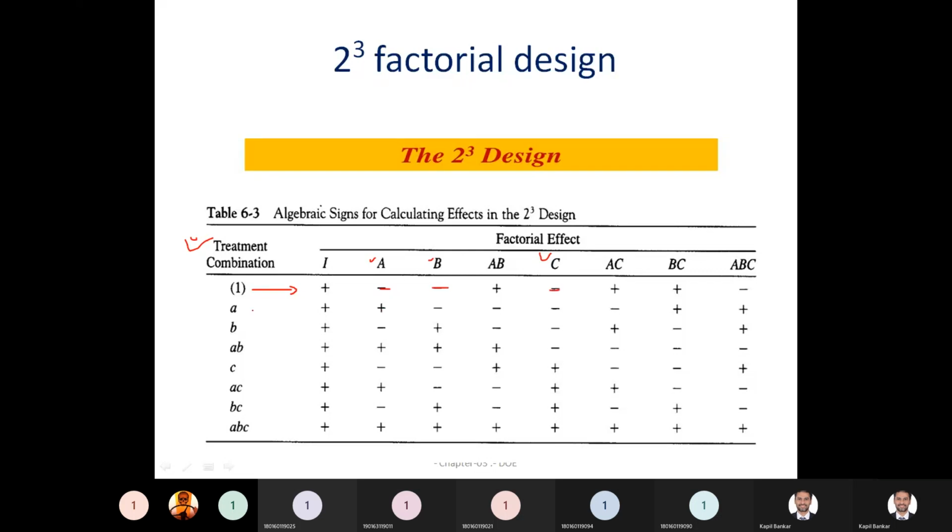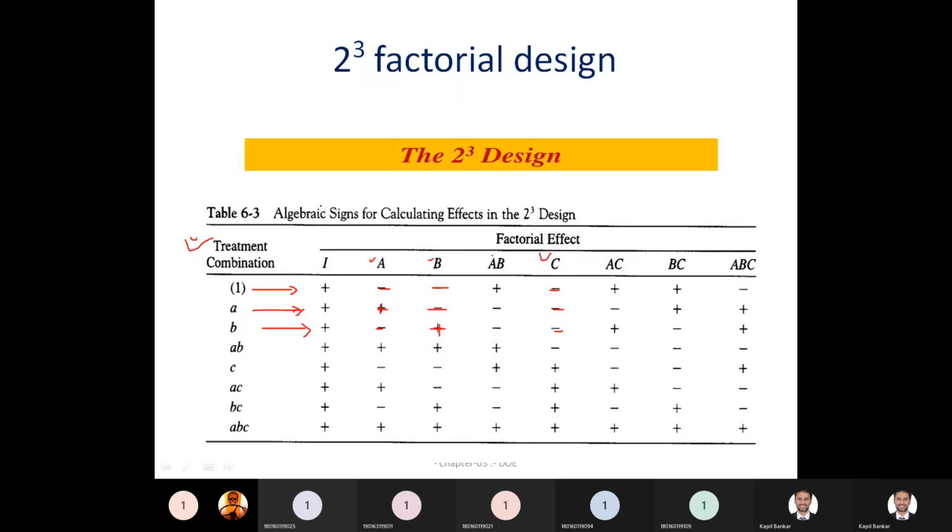Suppose in the second experiment only the A factor is positive and the remaining are negative. So A is positive, B is negative, C is also negative. In the third experiment, only B is positive, and the remaining A and C are negative. Likewise, got it?